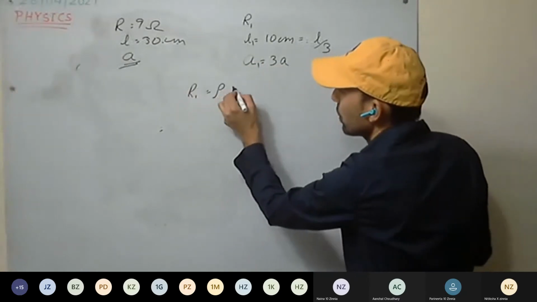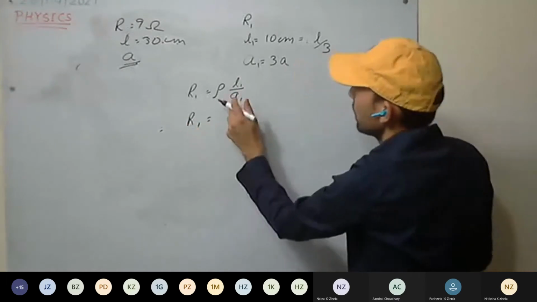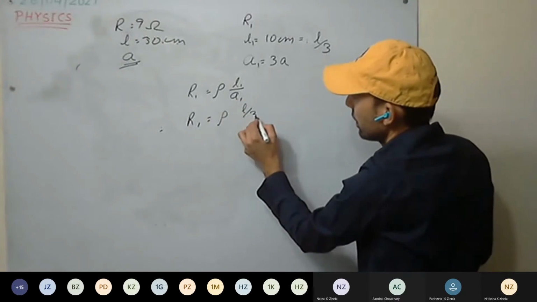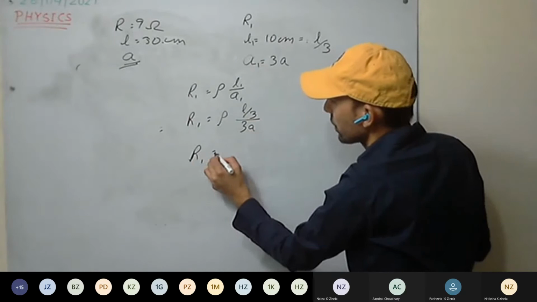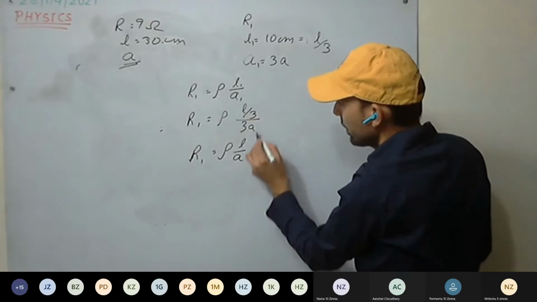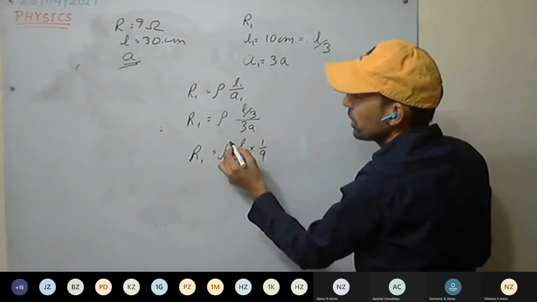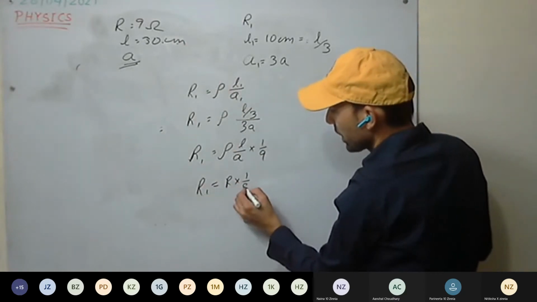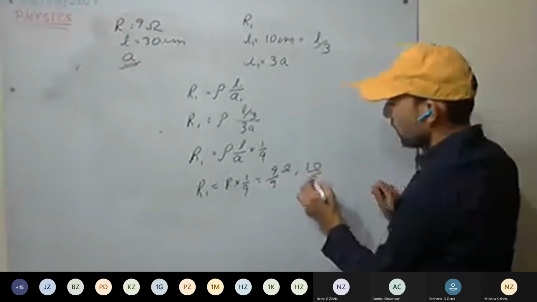R1 equal to rho L1 upon A1, which is rho L by 3 divided by 3A. So R1 equal to rho L by A into 1 upon 9. This is R, so R into 1 by 9 equal to 9 by 9. It will be 1 ohm.